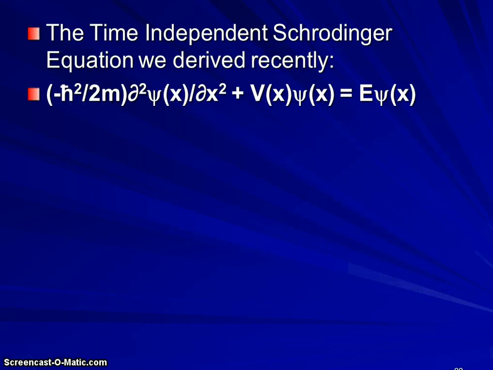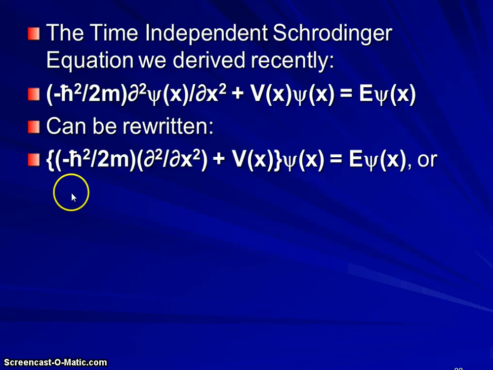So here's what I mean. Here's the time independent Schrodinger equation that we derived earlier. Negative h bar squared over 2m times the second derivative of the function plus potential energy times the function gives us a number, it turns out to be energy, times the original function. We could rewrite that by factoring the function out of the whole left side of the equation.